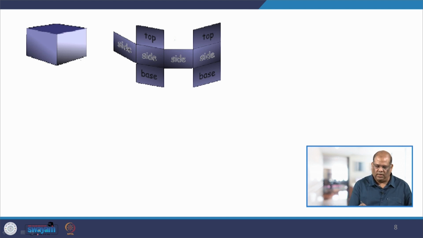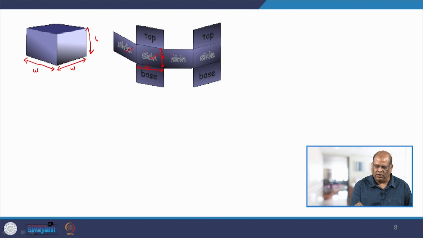So, as you can see, this is my base, which is square, and this is my height. So, if I consider here, this will be the height and this is the base.